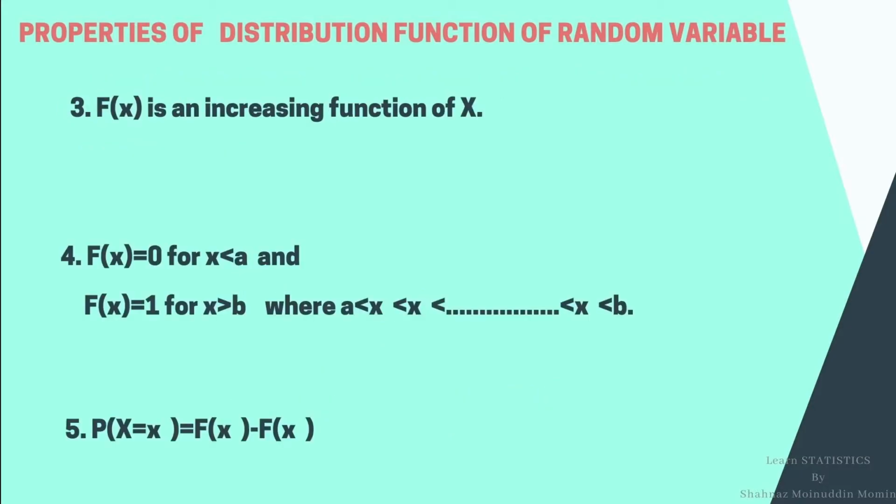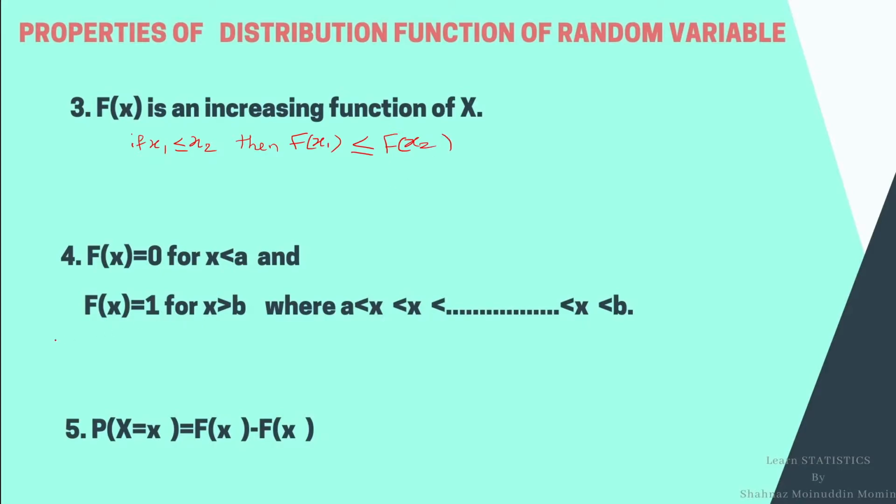Now the third property is the CDF f of x is an increasing function of x. Means if x1 is less than or equal to x2, then CDF of x1 must be less than or equal to CDF of x2.